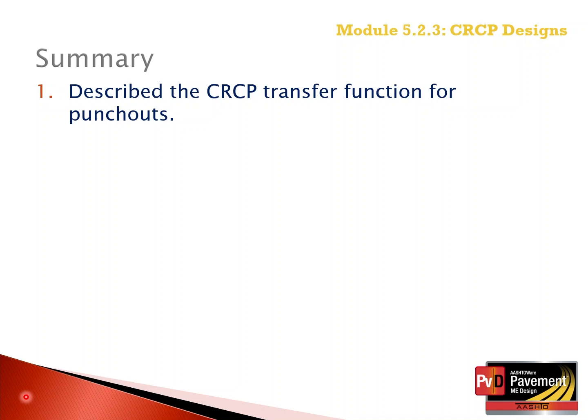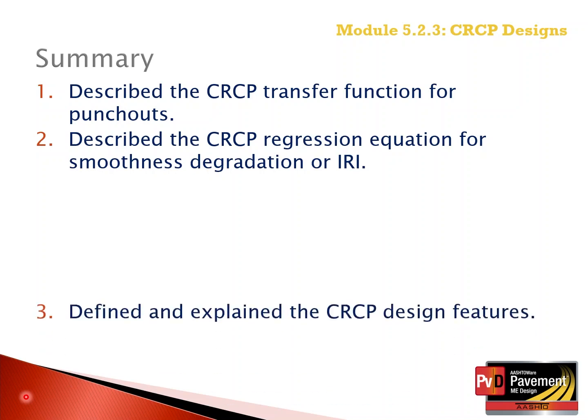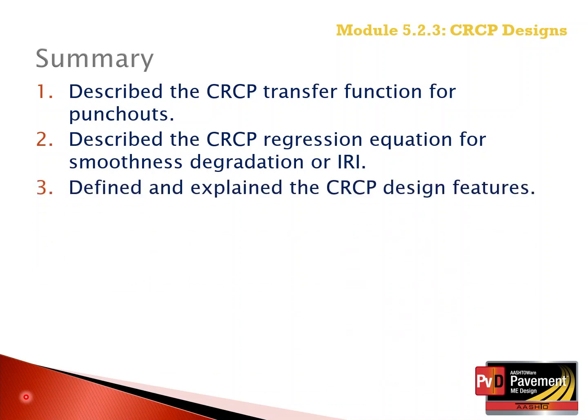We described the CRCP distress transfer functions for the number of punch-outs. That was Module 5.2.1. We described the CRCP regression equations for smoothness degradation, or IRI, which was Module 5.2.2, and then defined and explained the CRCP design properties and features, which was Module 5.2.3.